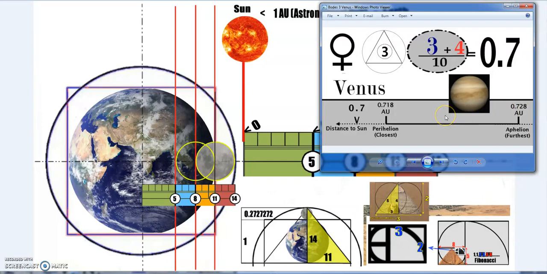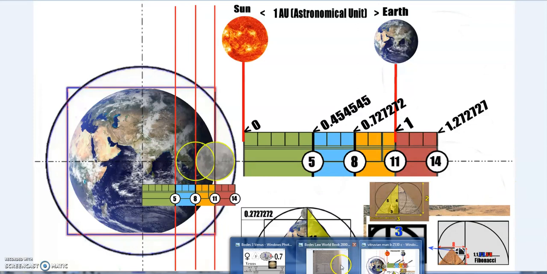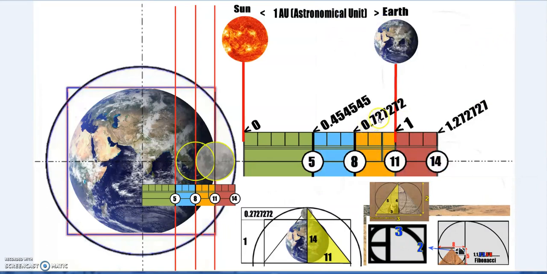So that's by best available measures. That's the maximum and minimum distance of Venus, so at maximum distance 0.728 AU, 0.272727. This describes the position of Venus in relation to the Sun very, very nicely. The next one would be Mercury.